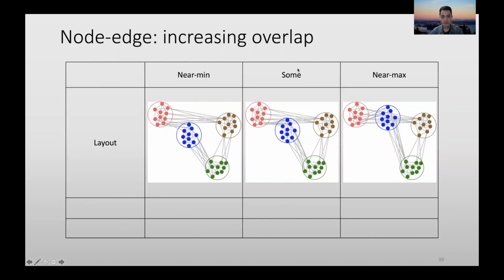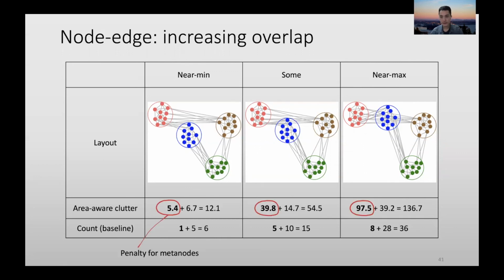The next example is about increasing overlap between nodes and edges. In these three layouts, we can see that blue nodes are intersecting with the edges more and more. So both the area-aware clutter and baseline metric reflect this fact by increasing the metric.